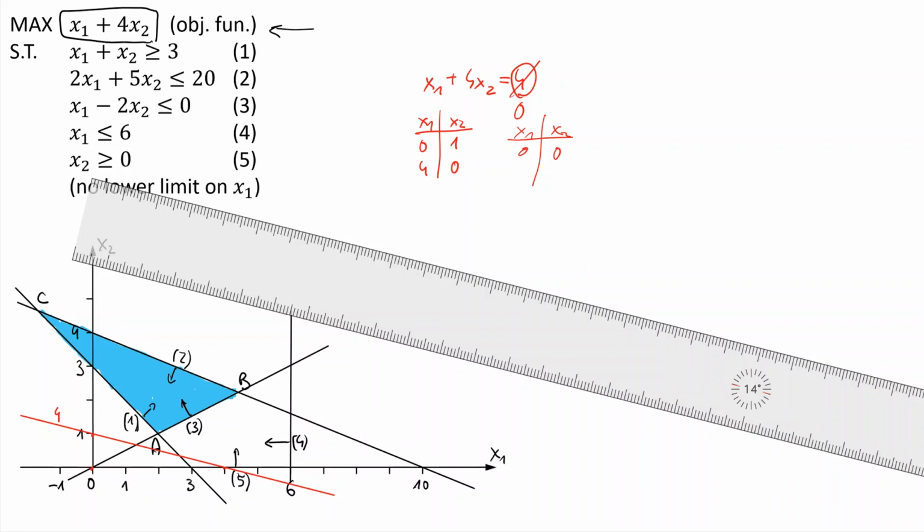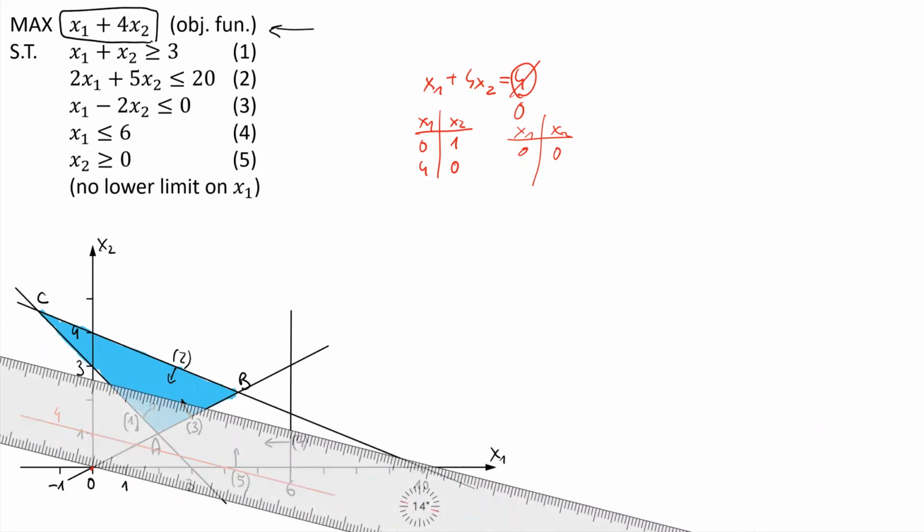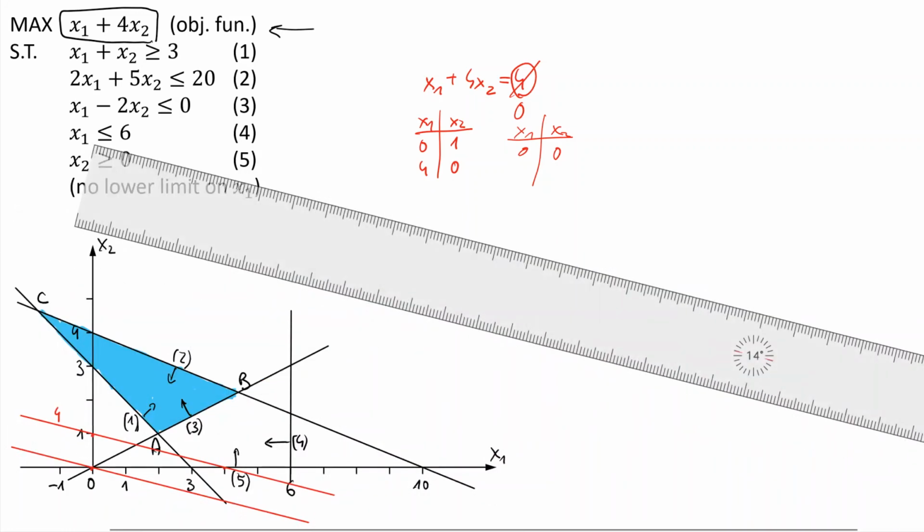So I can actually plot this line. I could calculate other points, but because this ruler keeps the same slope for me, I can just plot the same line with the same slope that crosses point (0, 0). So I have now here a value 0.